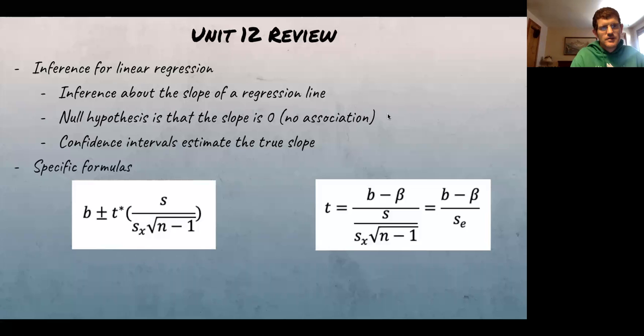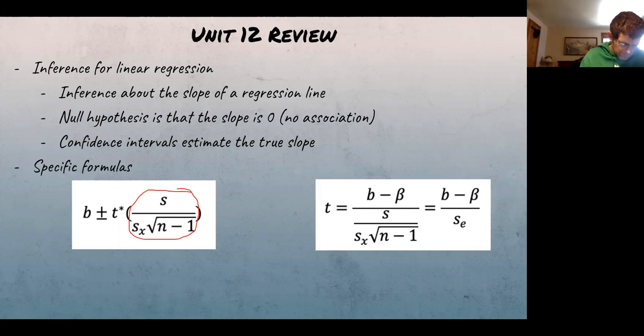The specific formula is given right here. First of all, I made a mistake on this, but I'll get to that mistake in a second. So this is your standard error calculation. But I went ahead and wrote it out only this way for the confidence interval. One thing that we know is that frequently we do not have all these values.